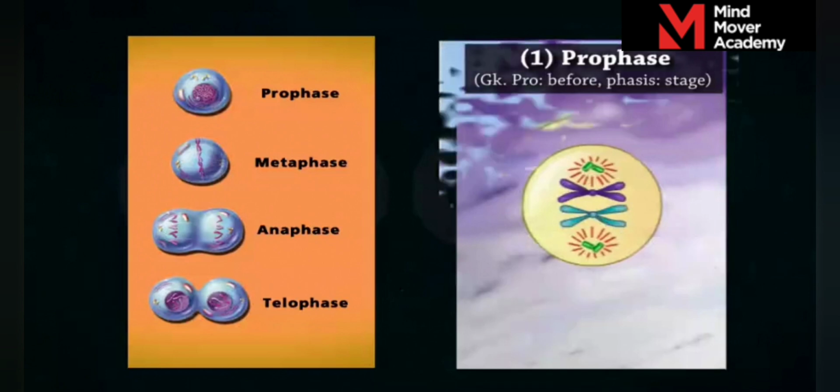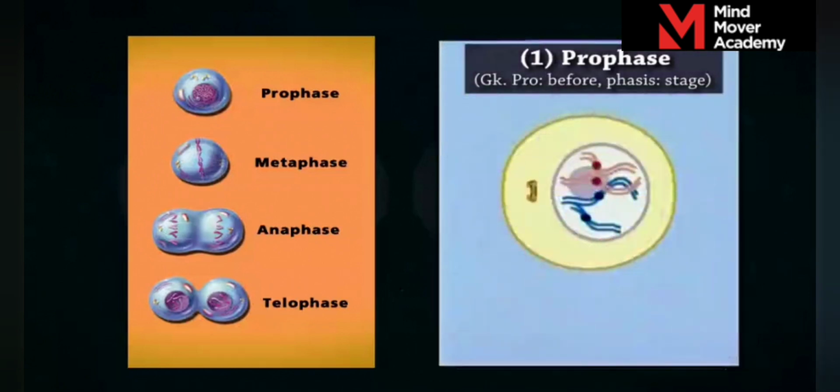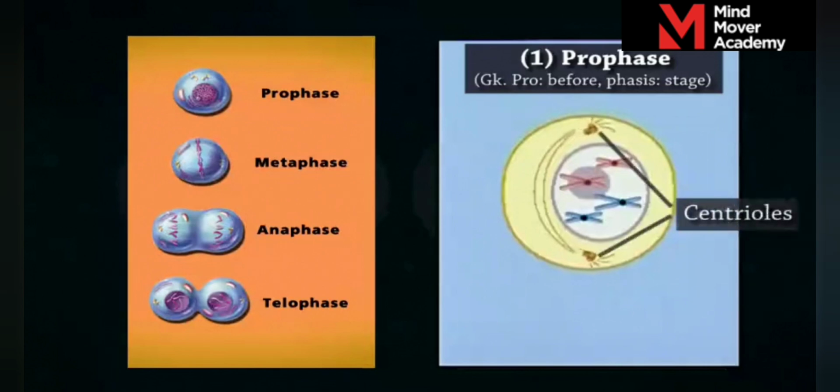In animal cells, the centrosome initiates and regulates the cell division. The centrosome splits into 2 small round bodies called centrioles. The 2 centrioles of the centrosome migrate to the opposite sides or poles of the cell.